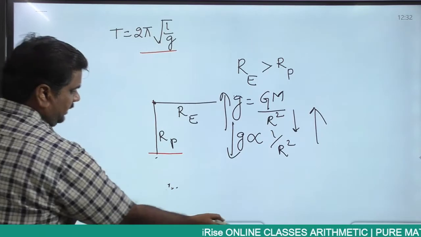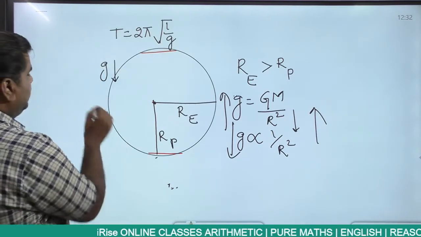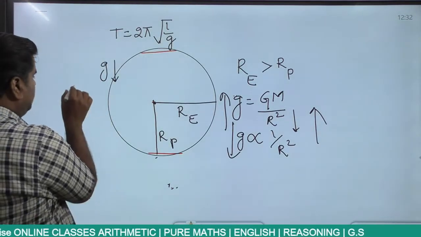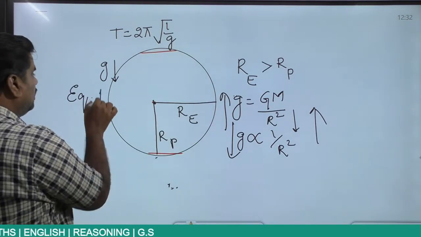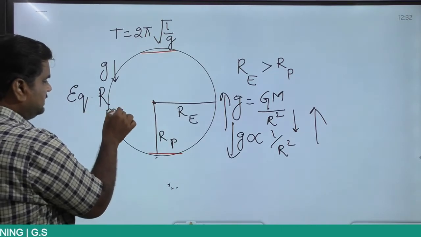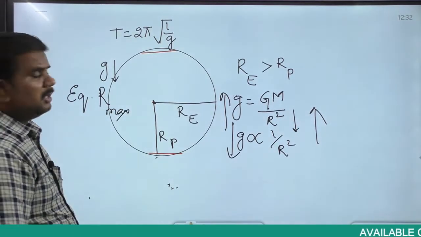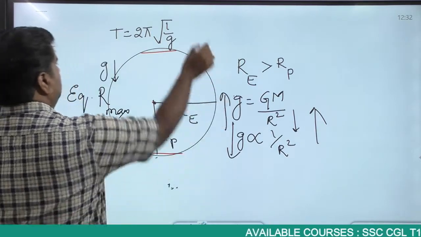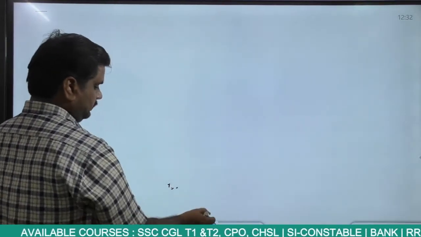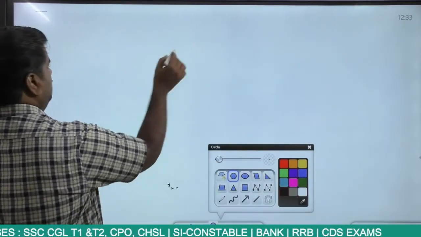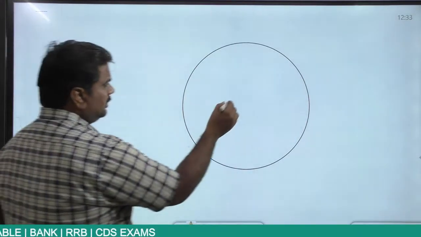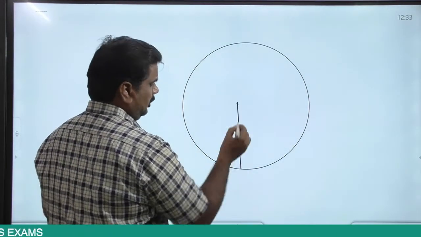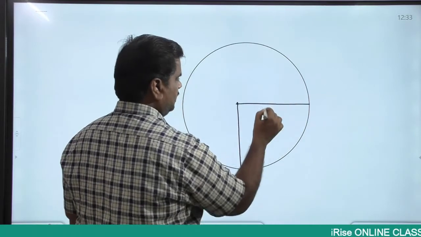Now in this particular case, I'll first talk about the case of the equator. Near the equator, the r value is maximum. Just a second, I will erase this completely. Near the equator, this is along the poles, this is along the equator.